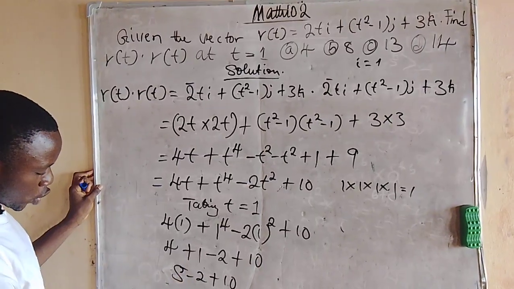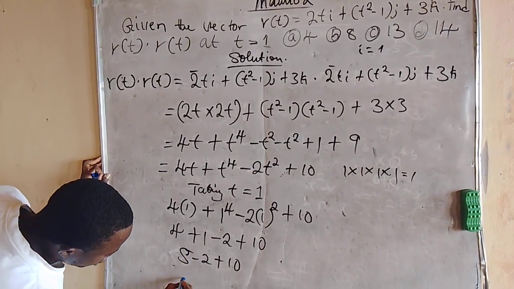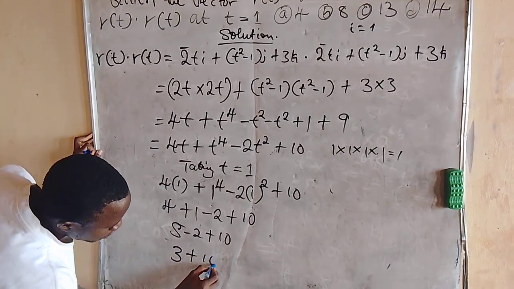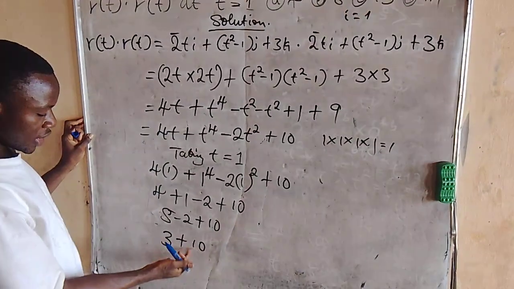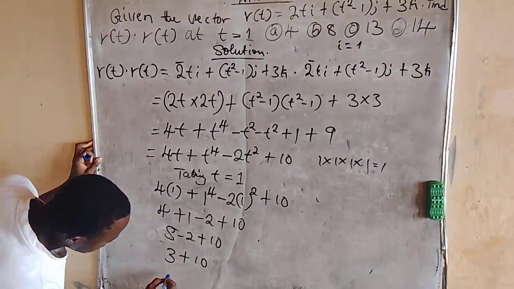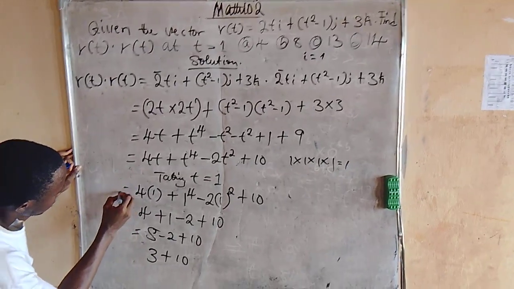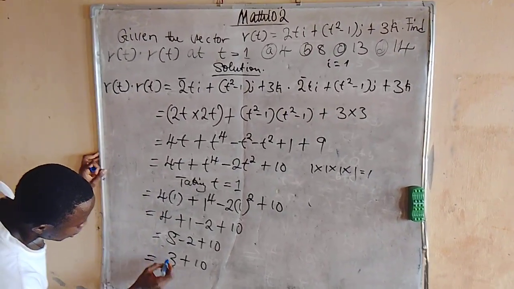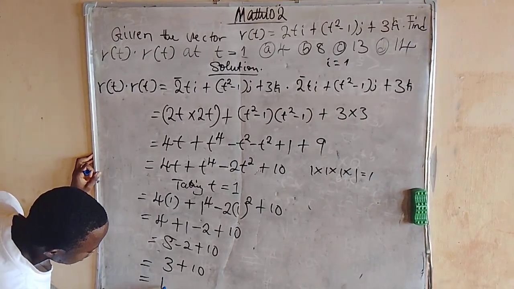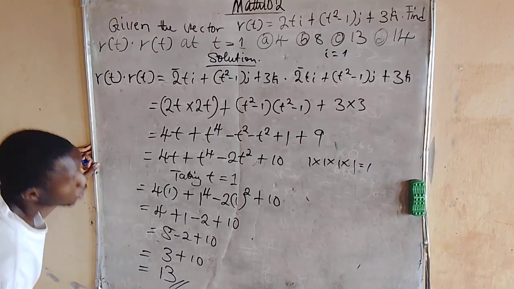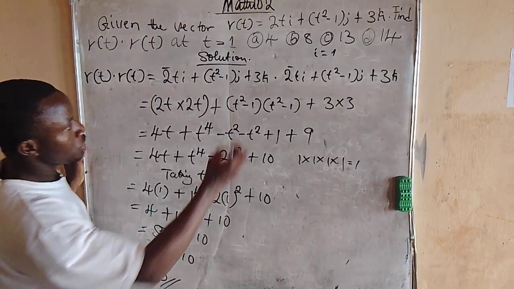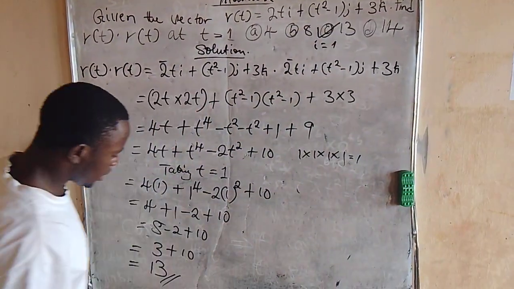Plus 5 minus 2 will give you 3. This is 3 plus 10, and 3 plus 10 will give you 13. So option C is correct.